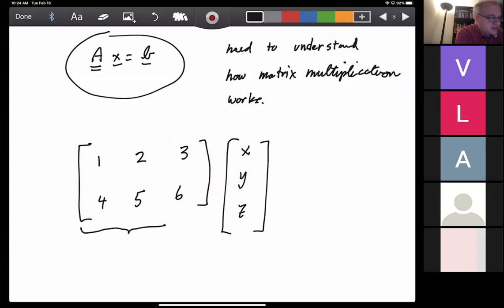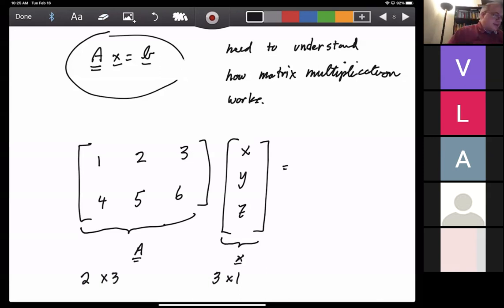This is our matrix A, say, times a column vector unknown, let's call it X underline. Now, what are the dimensions of this matrix A? We have 2 rows and 3 columns. What are the dimensions of this column vector X here? Well, we have 3 rows and 1 column.